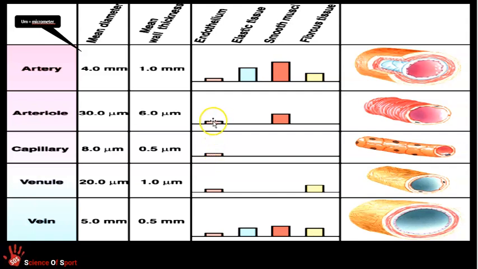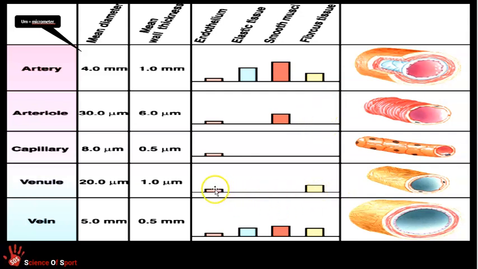The arterioles have the tunica intima and some smooth muscle. You hopefully know already that arterioles can vasoconstrict and dilate, and they're really important for determining where blood flows. They do not have an outer, fibrous layer. They don't have a tunica externa.